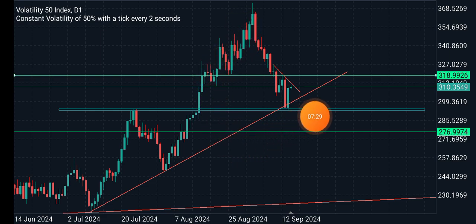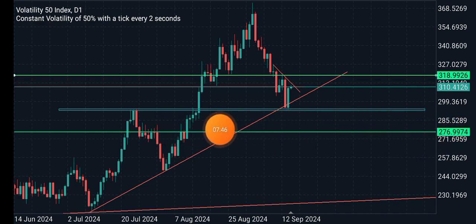So yes, I know price may have hit our top touch and also our flip zone, but I still think price will come back here around the 276.9974.